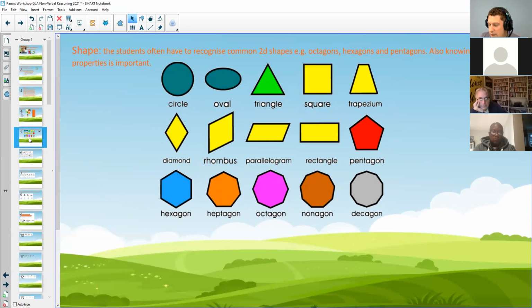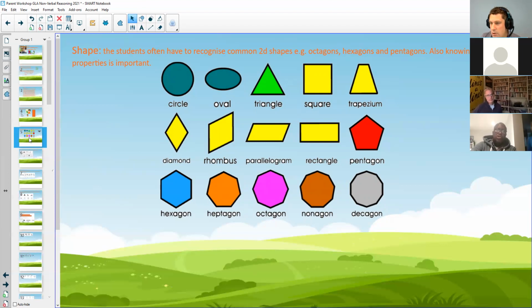But just knowing those is really important. One of the things that we know is really valuable within the lessons is that children can explain how they've achieved an answer. Now, when you're dealing with non-verbal, the differences can be quite subtle. So the difference between a pentagon and a hexagon is really important, because if you're talking about a 5-sided shape or a 6-sided shape, that could make a difference to the answer that you arrive at.